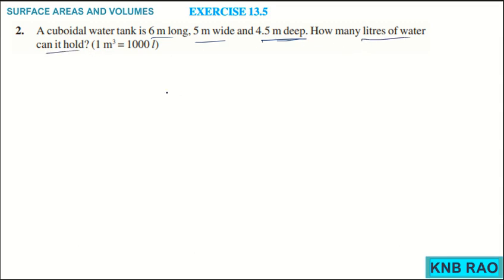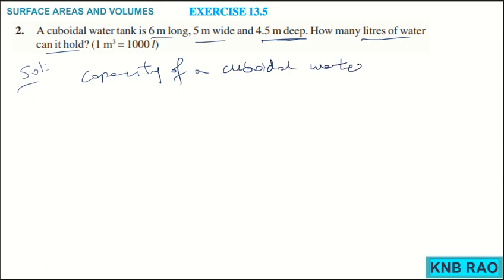How many liters of water it can hold means we need to find out its capacity. So the capacity of a cuboidal water tank is length into breadth into height, because it's volume.